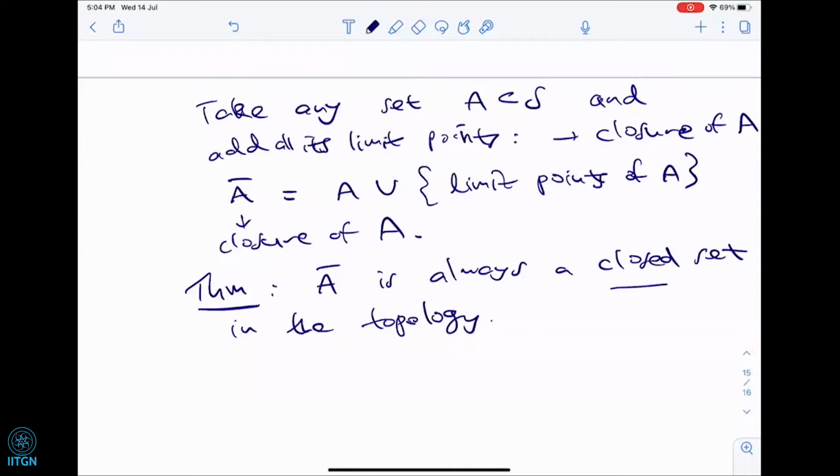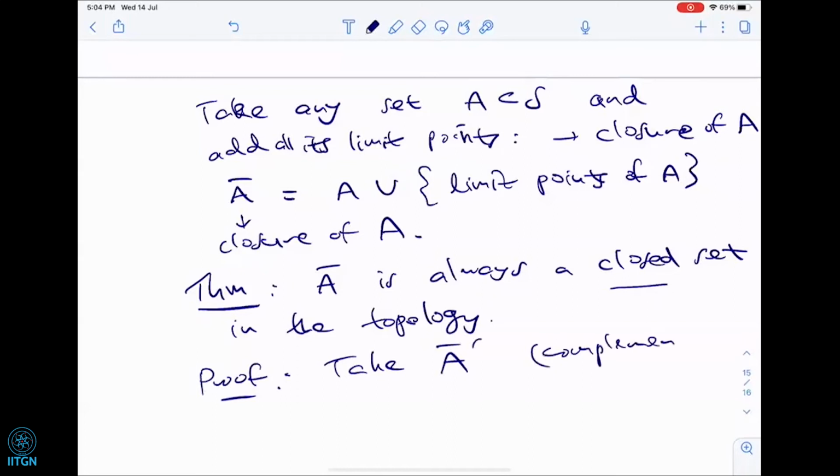So take A bar defined as A union its limit points. Now take A bar prime. So, I'm not giving the proof, I'm just writing what to do. Take A bar prime, the complement of the closure of A, and prove that it's an open set in the topology.